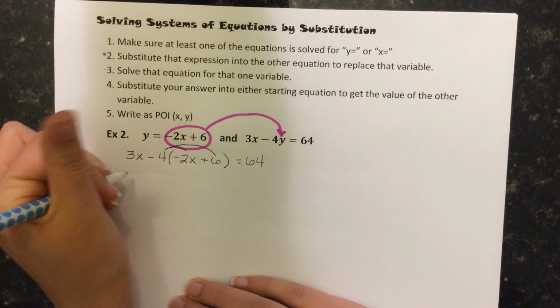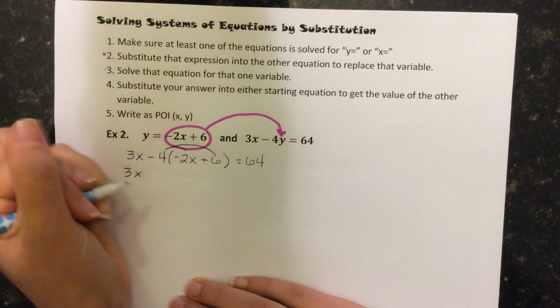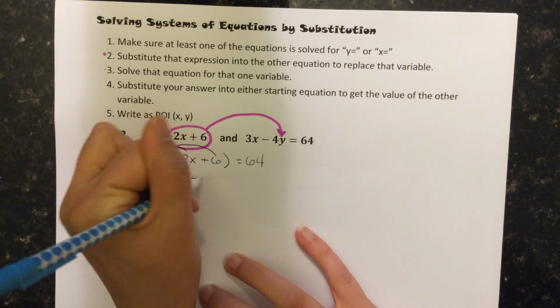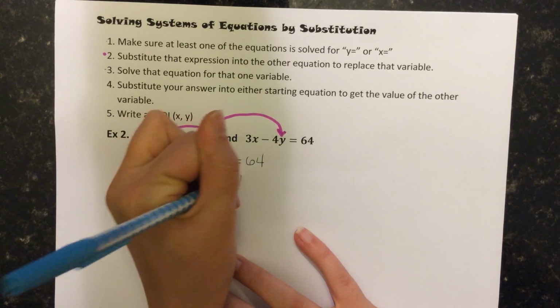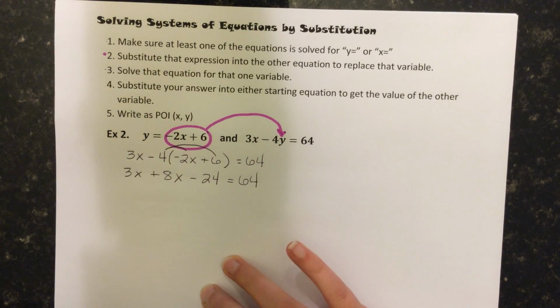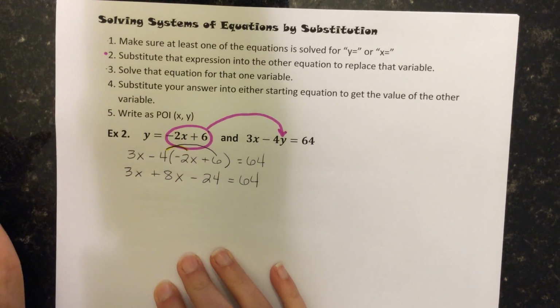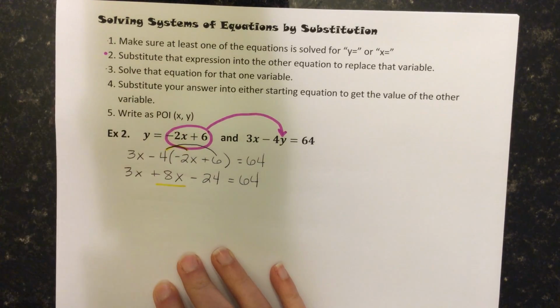That means I'm going to need to distribute. If you mess up your distribution, we won't get the right answer. So it's really important that you recognize here that negative 4 times negative 2 is a positive 8.